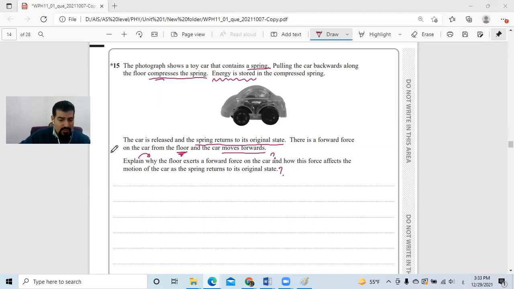Bravo, that's Newton. Thank you, Shahad. We use Newton's third law. But what about Newton's second law? Is this the only force acting horizontally? So that makes it accelerate forward. We also have to mention Newton's second law. What else? Who can give me other answers?